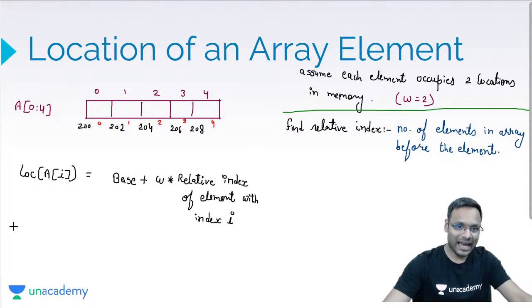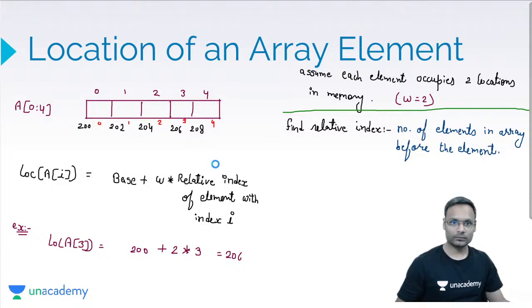Let's take a simple example. Location of A[3]. You told the relative index of A[3] is 3. 3 elements are there before it, into W which is 2, plus base address 200. 206. Yes, it is correct.